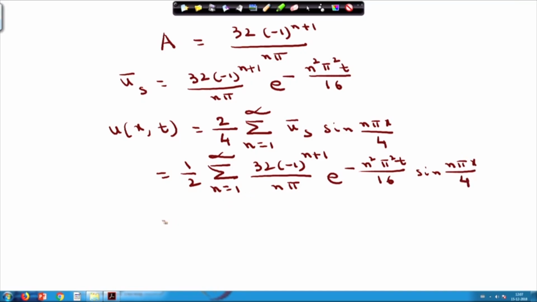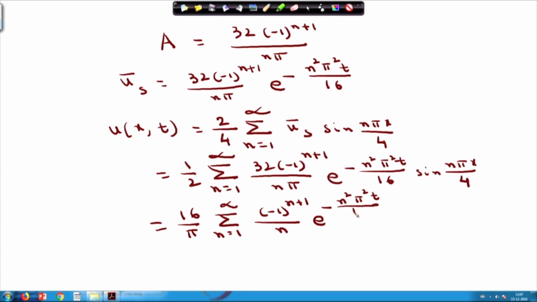So, this 32 you can simplify: 16/π summation n equals 1 to infinity (-1)^(n+1)/n e^(-n²π²t/16) sin(nπx/4).